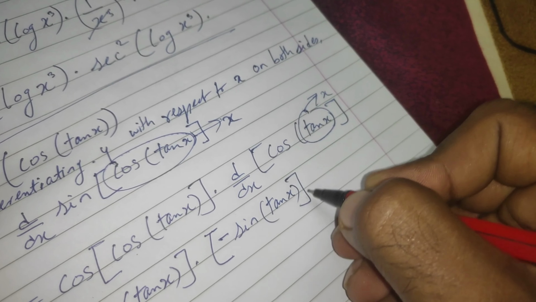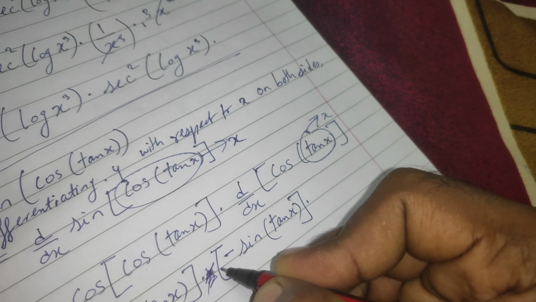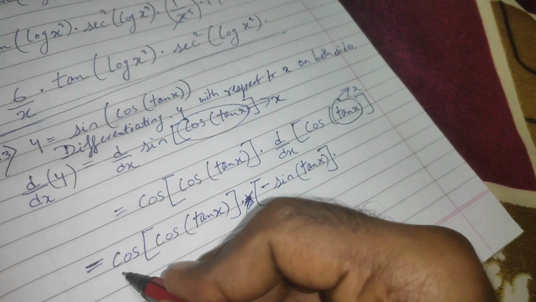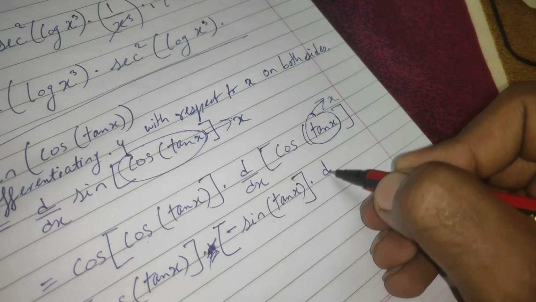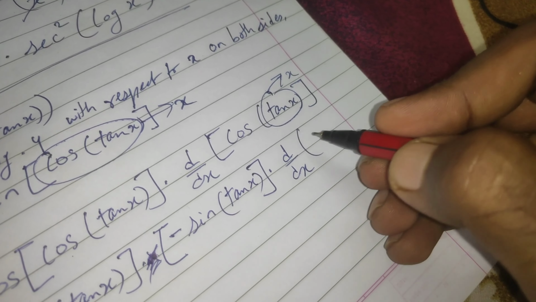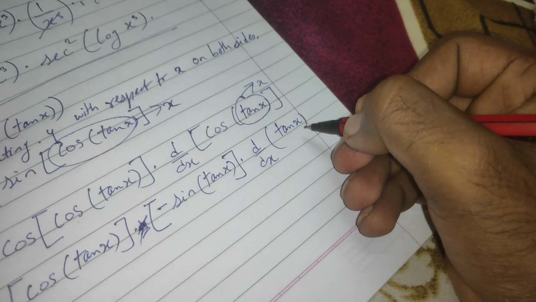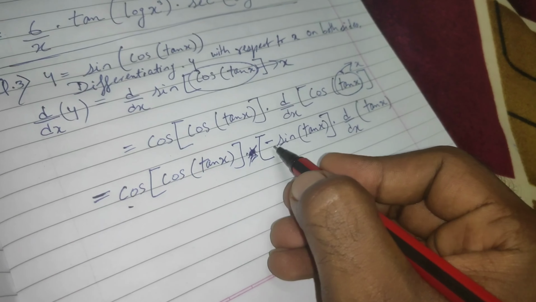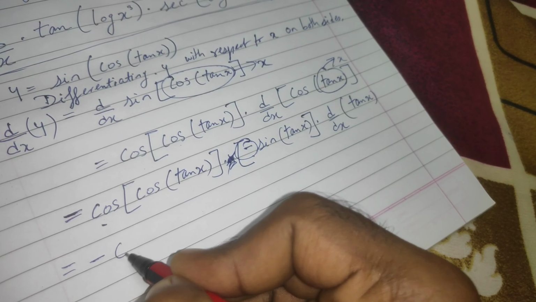this minus in between is multiplication. Okay, to avoid this minus we will put the minus in the front in the next step. So derivative of this which we have considered x is tan x. Okay, so in the next step I'm just putting this minus sign in the front to avoid the confusion.